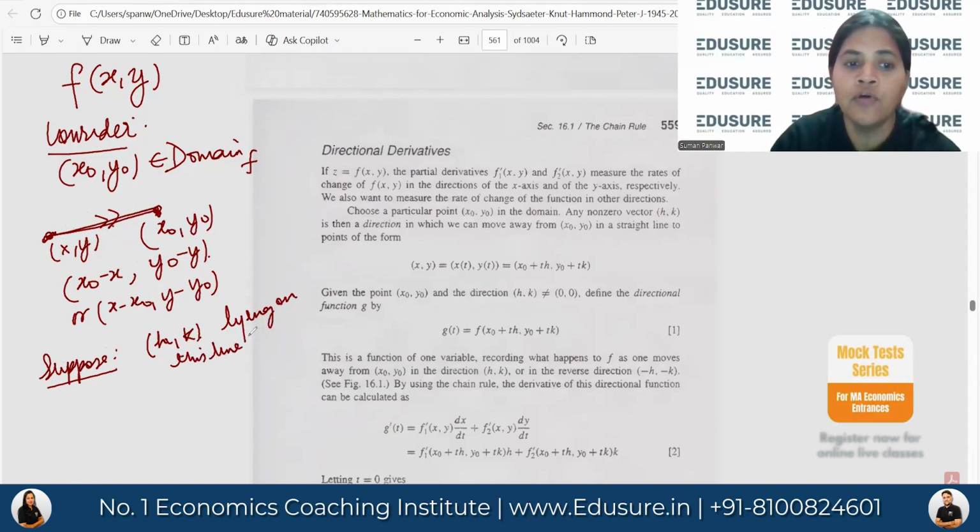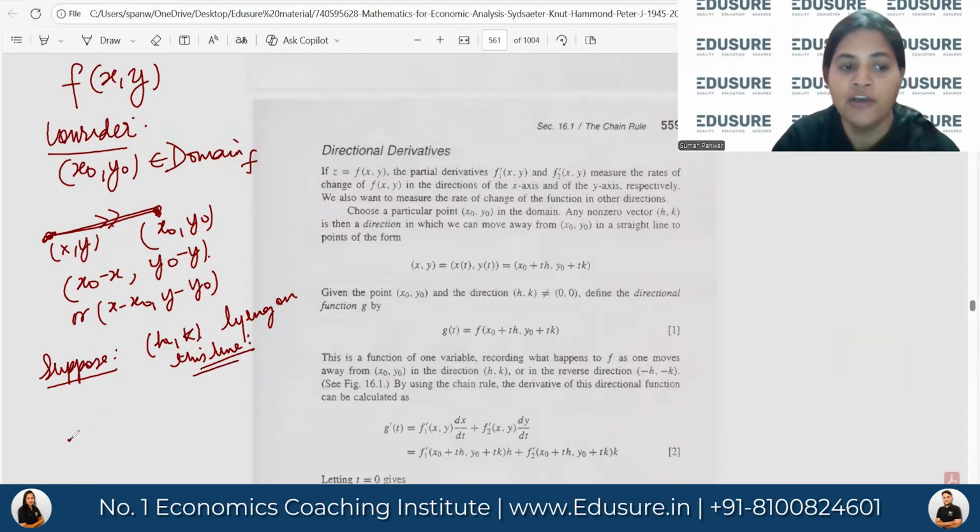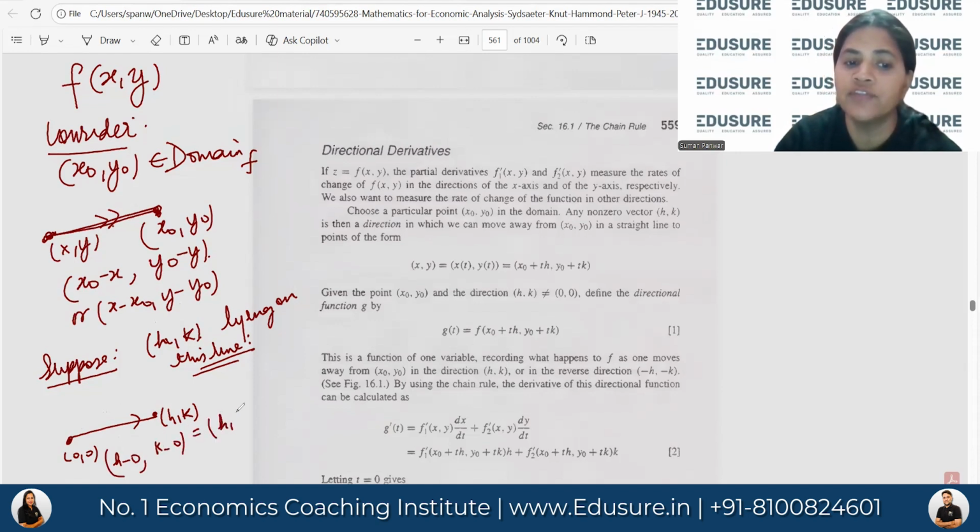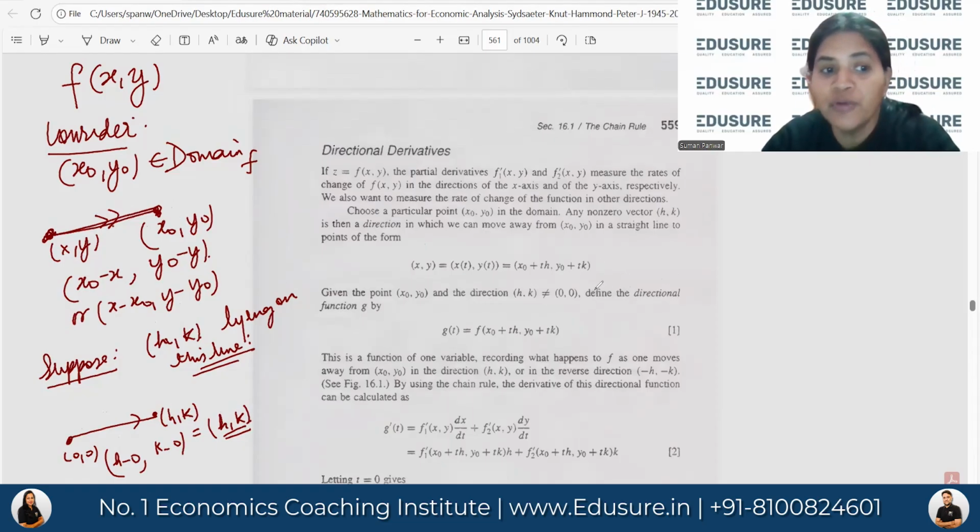See what the direction ratios of h comma k are. If you connect h comma k to the origin, the position vector is given by h minus 0, k minus 0. So the direction of this is h, k. Now, if I want this h, k to lie on the line joining x, y and x naught, y naught, what should be my situation? The directions should be proportional to each other.